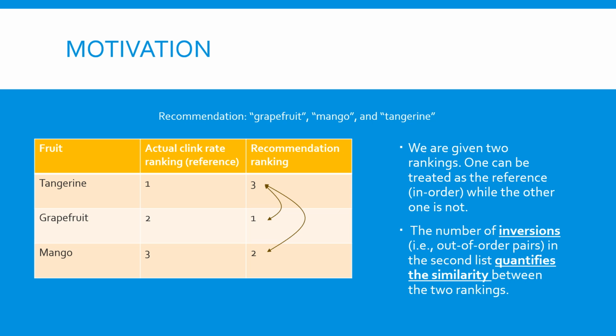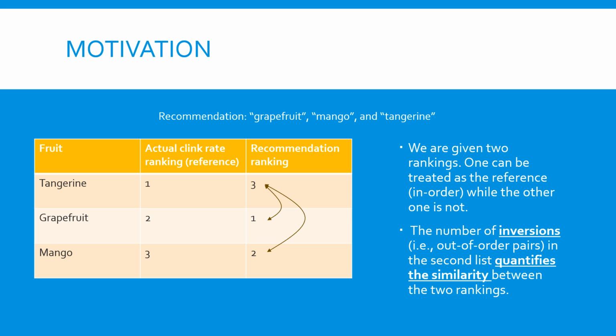To compute their similarity, we treat the click rate ranking as the reference or ground truth. In other words, the click rate ranking is considered to be in order. Thus, the number of out-of-order pairs in the recommendation ranking can serve as a measure of similarity.